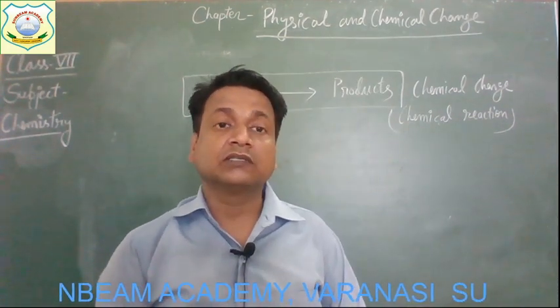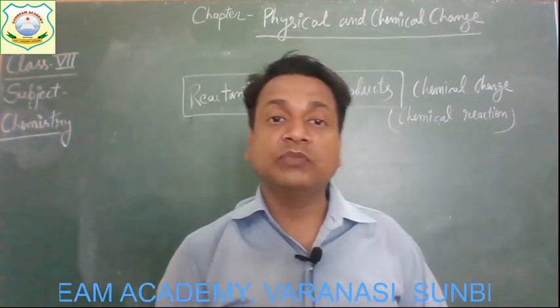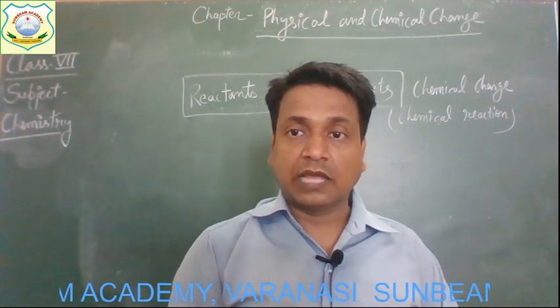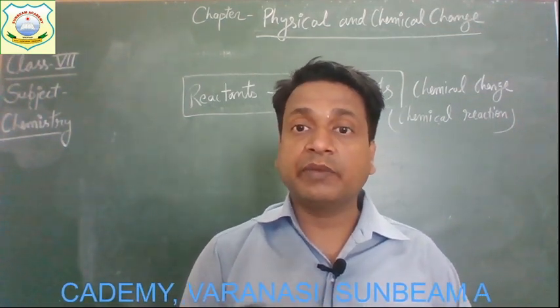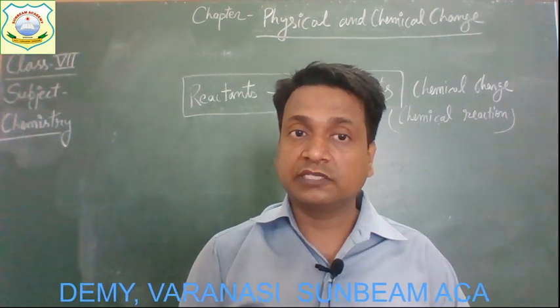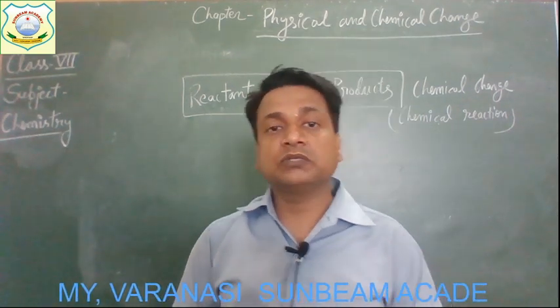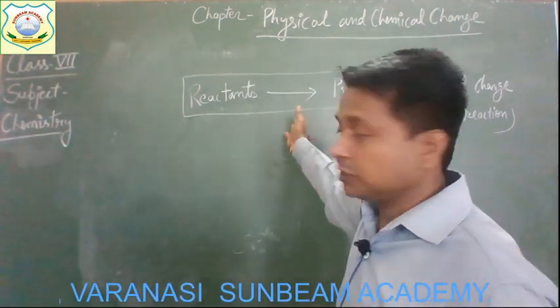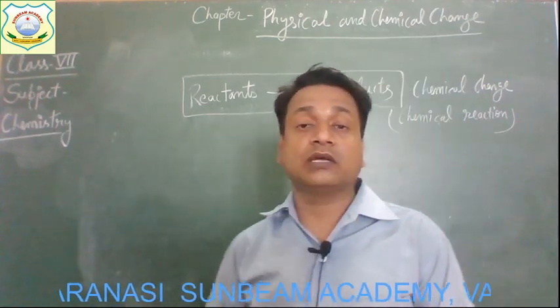Now, during a chemical change, the molecules of the reactants undergo changes to form molecules of the products. As in the previous chapter we explained about molecules, the same is used here when a chemical reaction occurs.